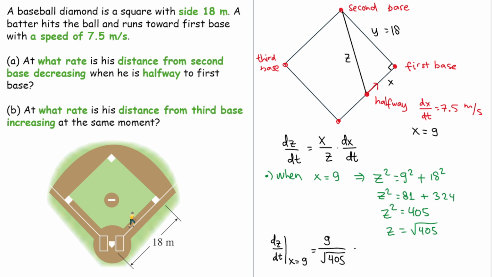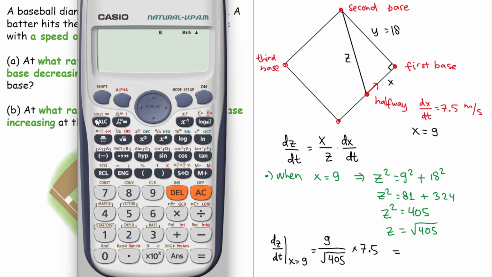dx/dt is 7.5. That is hard to calculate, so let's just use a calculator for this. So we will have 9 times 7.5 divided by the square root of 405.